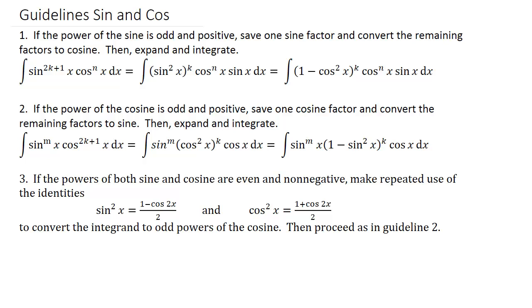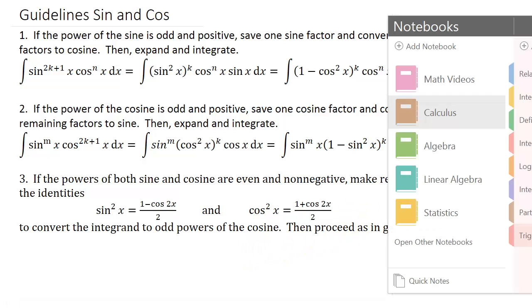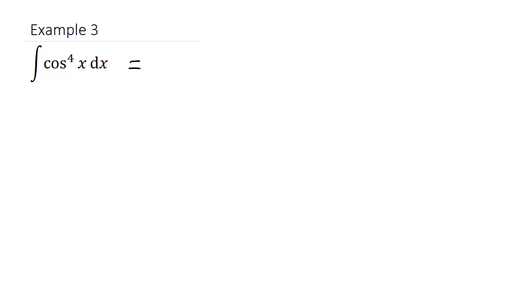So in this example, we're going to use this third one, where the exponent of the sine and cosine is an even number, and so we'll use the half angle identities from trig. All right, so let's look at our example. So I have cosine to the fourth x dx.